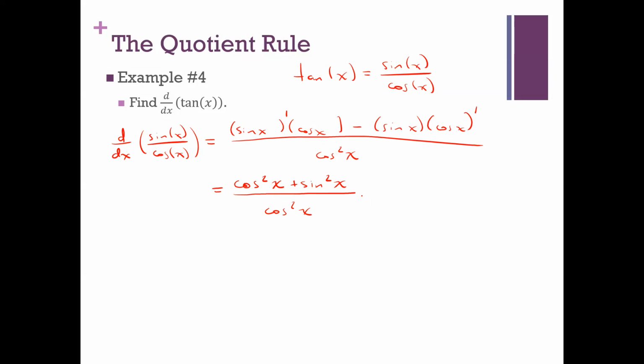Does that simplify at all? How so? Yep, so Pythagorean identity. Sine squared of x plus cosine squared of x equals 1. So I get 1 over cosine squared of x, which is equal to, I can simplify one more time, or at least redefine, secant squared of x.